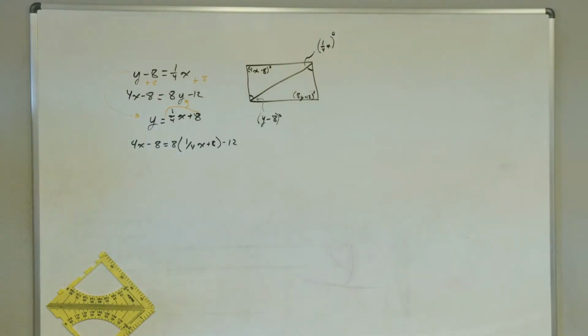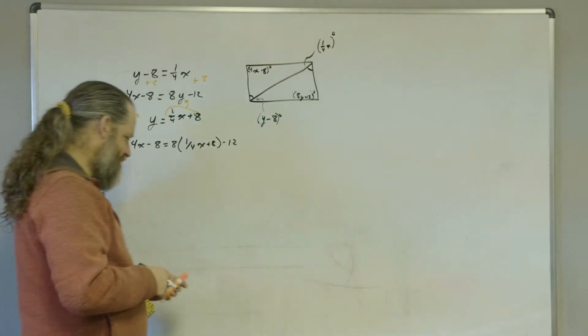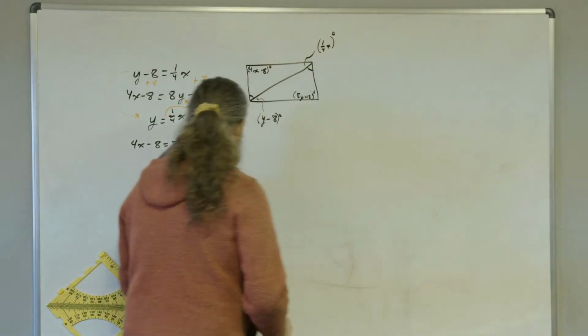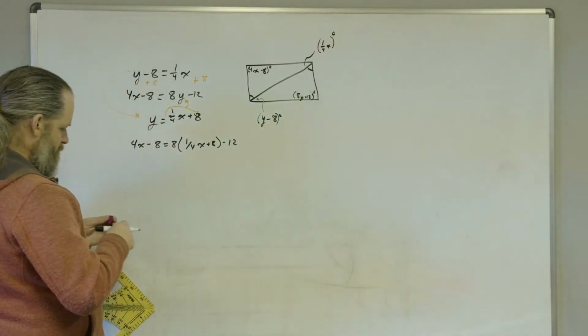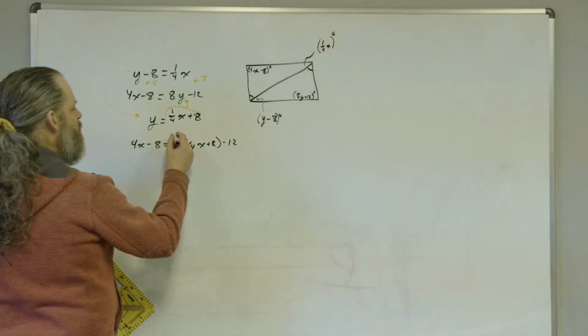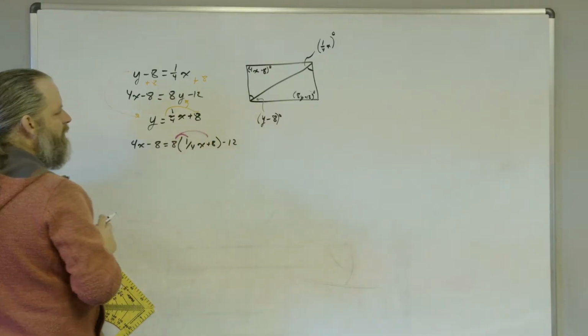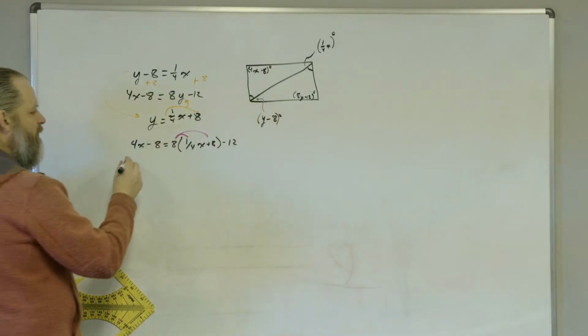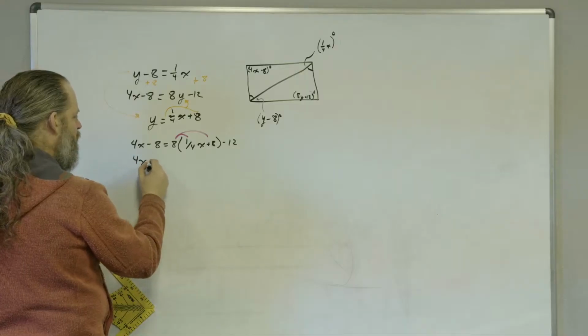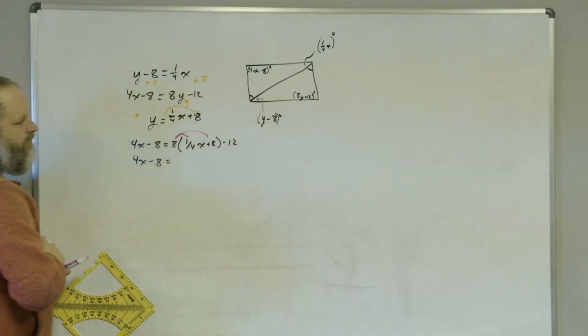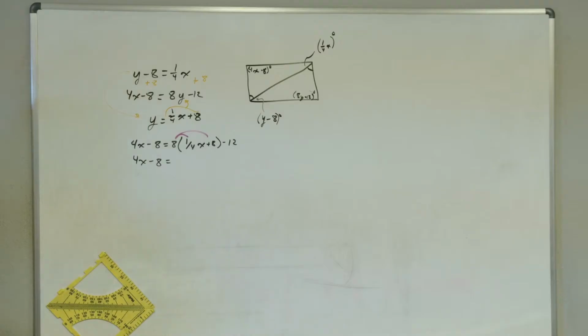Distribute here. What is 8 times 1/4 x? It would be 8/4, which reduces, right?